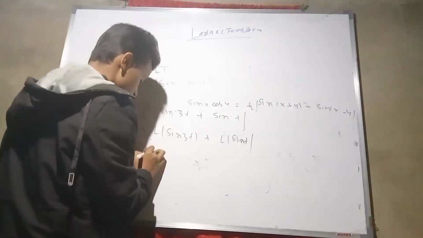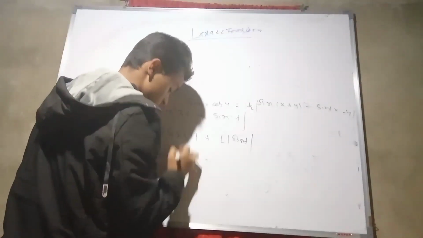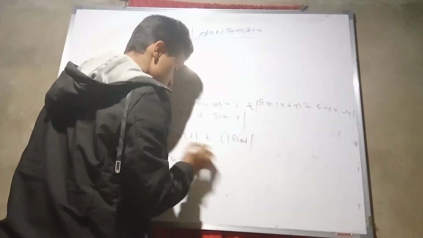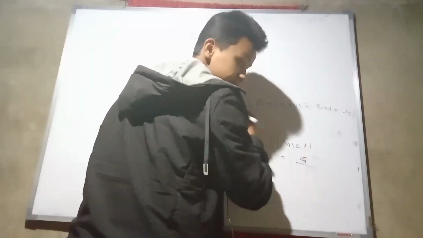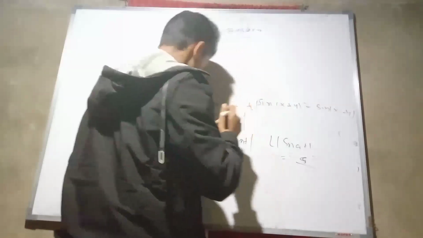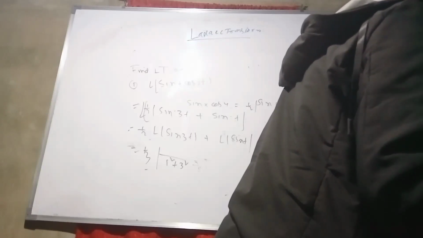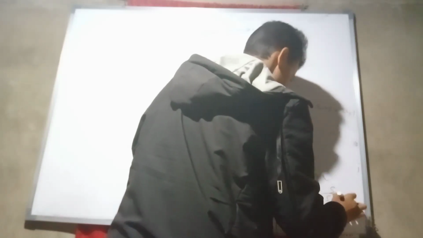So what is the Laplace transform? That gives us 3 upon s square plus 3 square, plus 1 upon s square plus 1 for sin t. We know the Laplace transform of sin at is nothing but a by s square plus a square, and the Laplace transform of cos at is nothing but s by s square plus a square. So we use this.